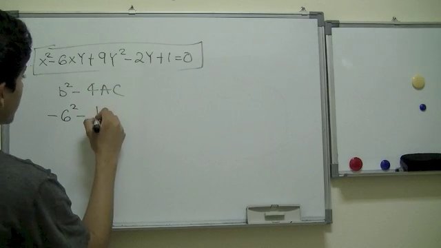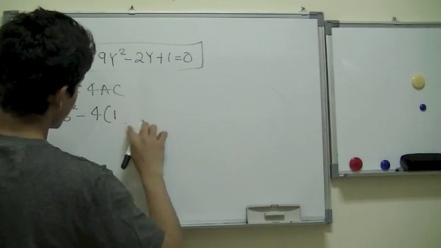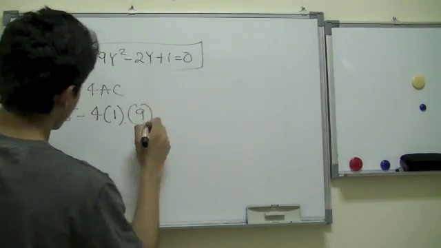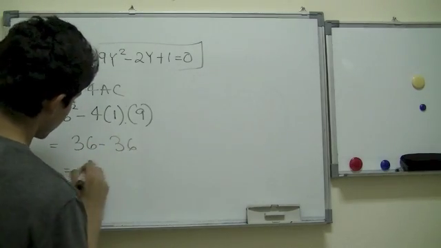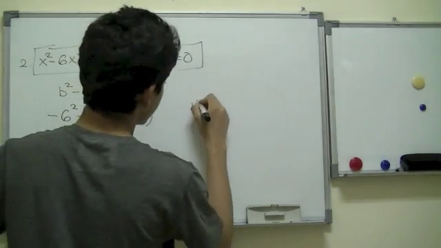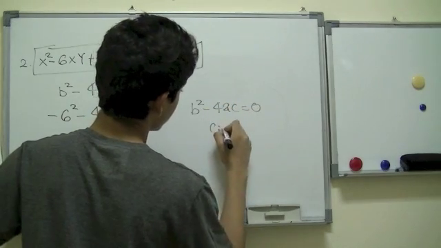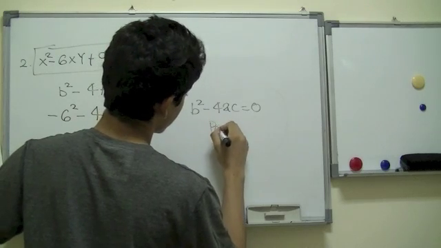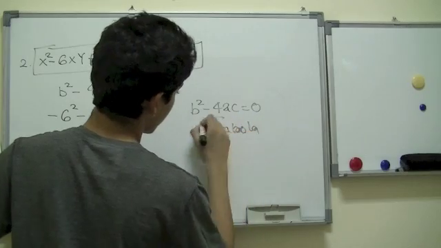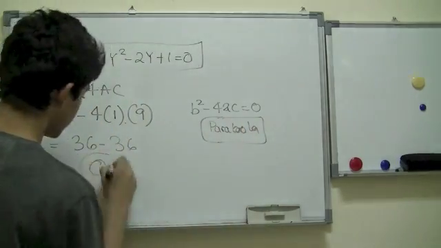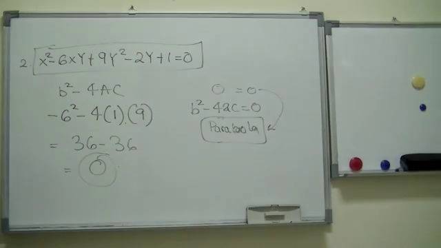You square that, a would be 1, c would be 9, so 36 minus 36, and it would equal out to 0. And we said that when b squared minus 4ac is equal to 0, it's a parabola. Now since this is the case, when this is equal to 0, it's a parabola.